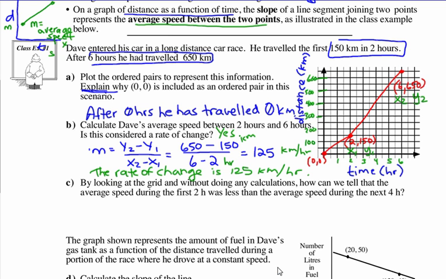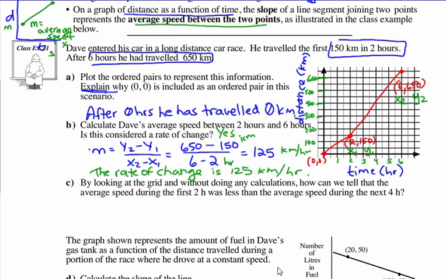By looking at the grid and without doing any calculations, how can we tell that the average speed during the first 2 hours was less than the average speed during the next 4? And remember we talked about slope, and slope is the steepness of a graph, right? And so the greater the slope and the greater the steepness, the greater the rate of change. And so we can look at the graph and say, hey, the first 2 hours wasn't as steep, therefore his rate of change is not going to be greater.